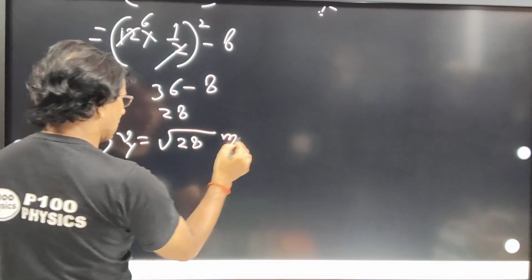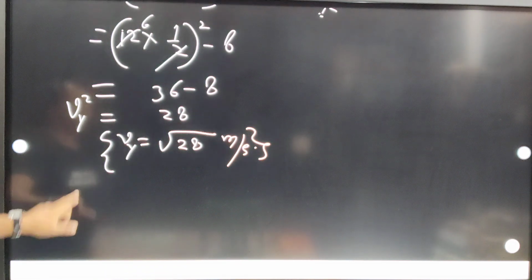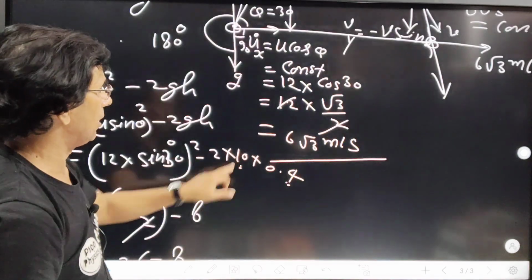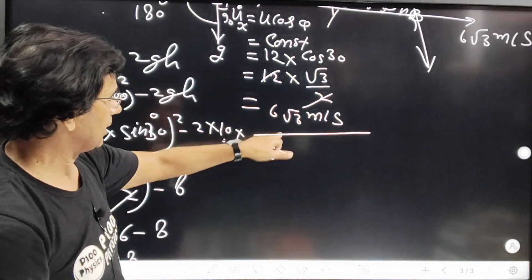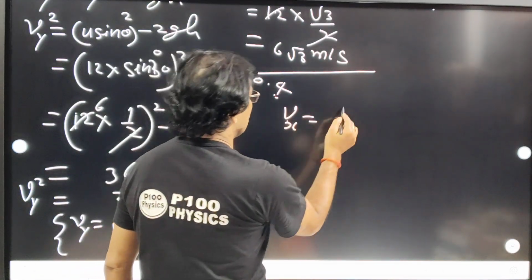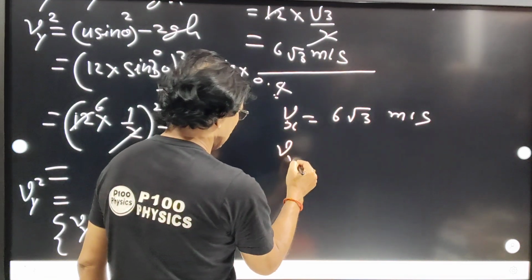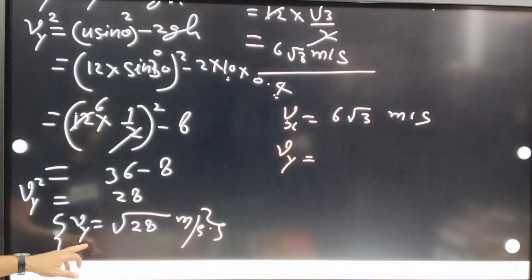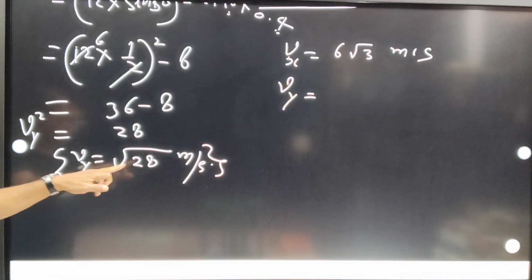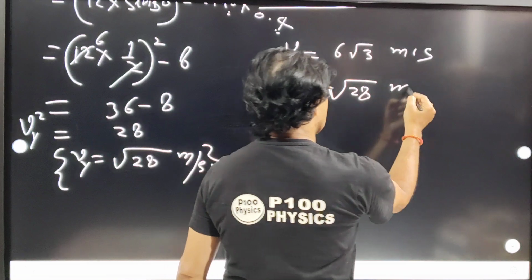So this is the value of Vy. Now you know Vx equals 6√3 meter per second, and Vy equals √28 meter per second.